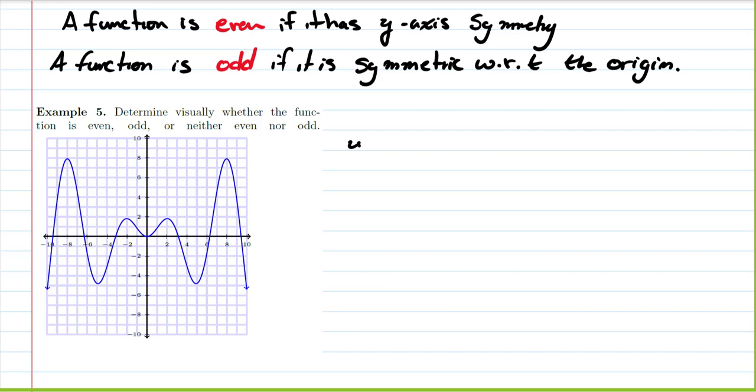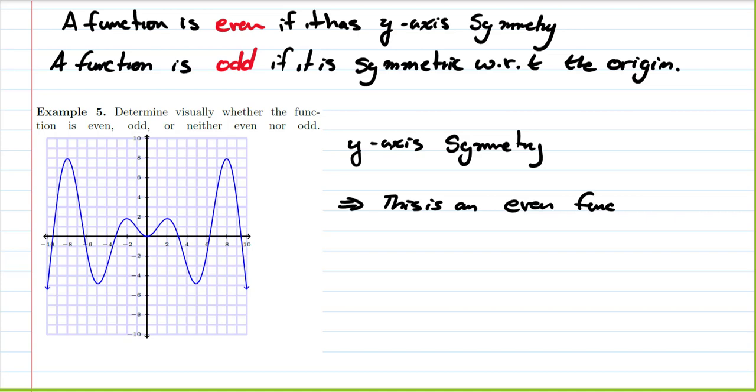So it has y-axis symmetry, and y-axis symmetry is the same as even. So this is an even function. So if we have y-axis symmetry, that's the same as being even. If we have symmetry with respect to the origin, that's the same as being odd. All right.